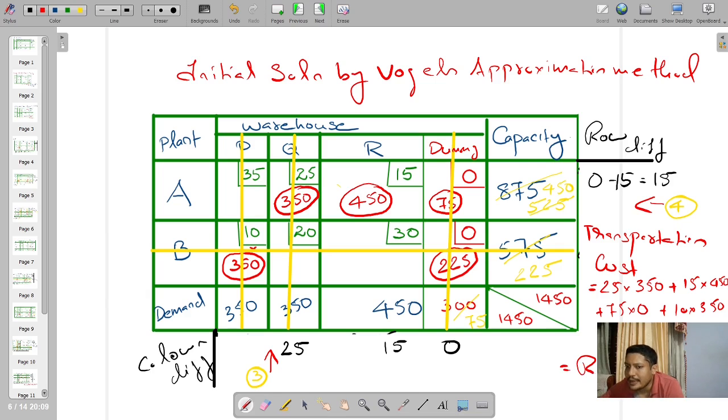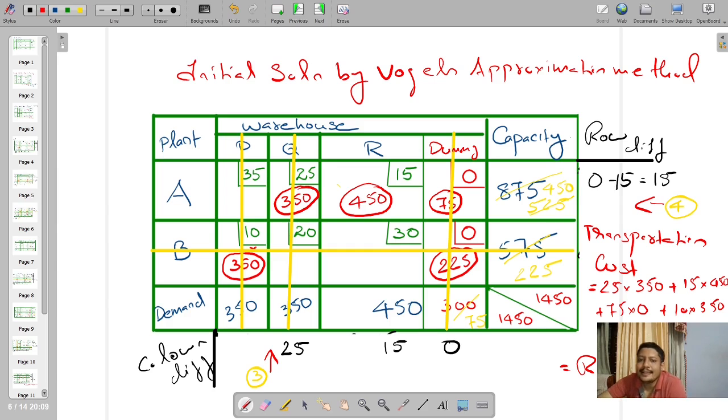So the total value will be rupees 19,000. The initial cost value is rupees 19,000.